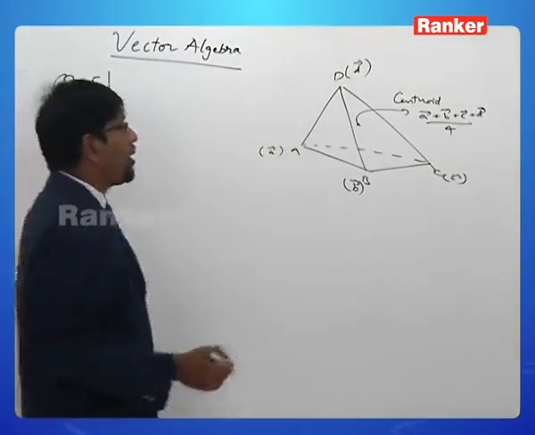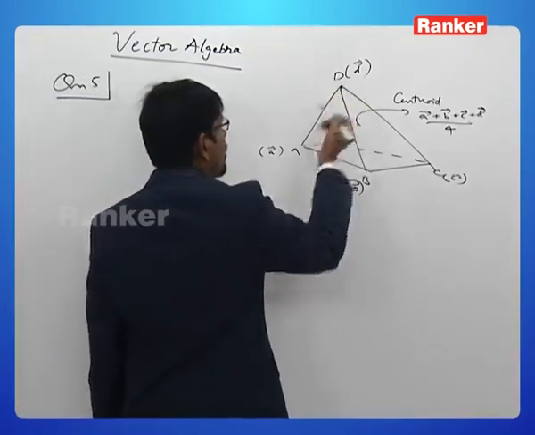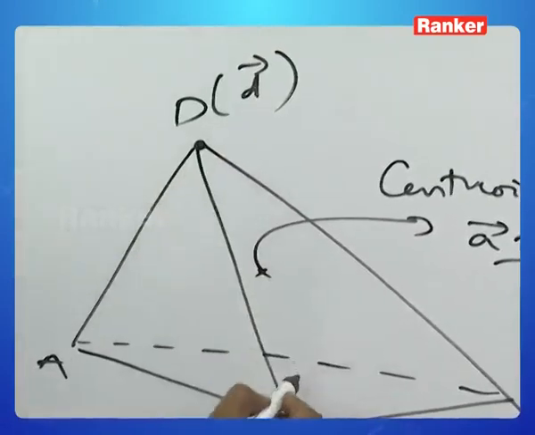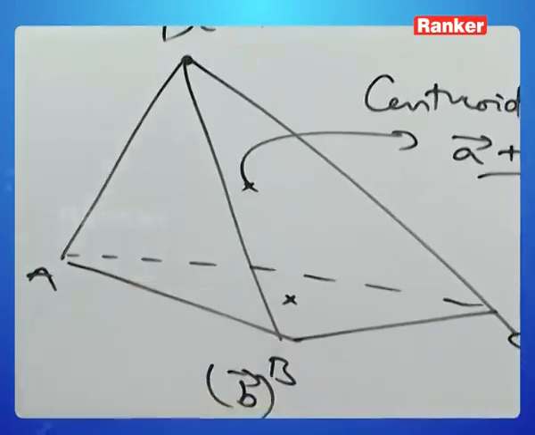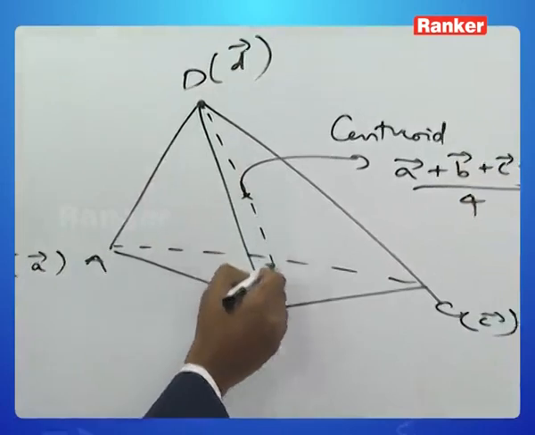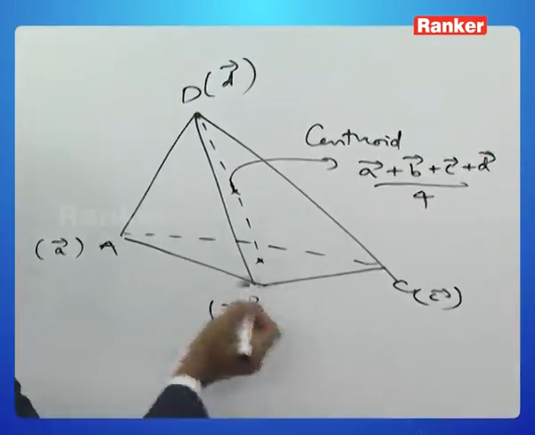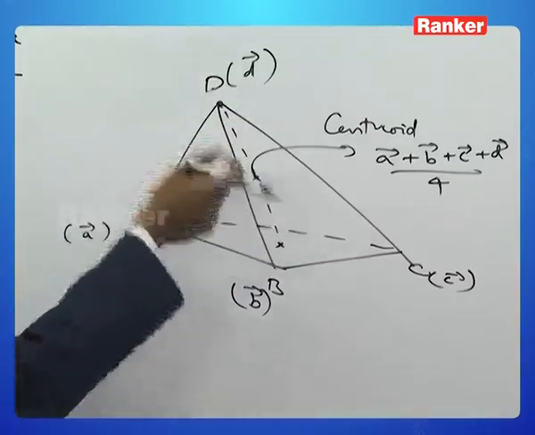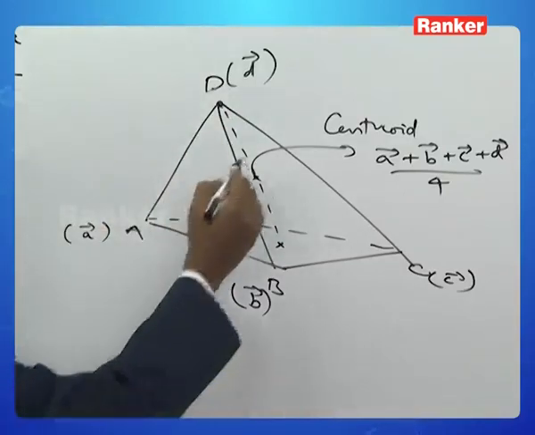Moreover, the centroid divides the line joining the vertex and the centroid of the opposite face in the ratio 3:1. So if you take the centroid of the ABC face and join it with D, the centroid of the tetrahedron will divide it in the ratio 3:1.